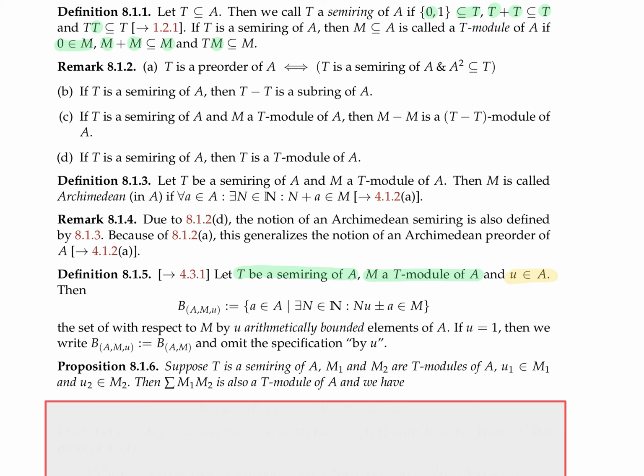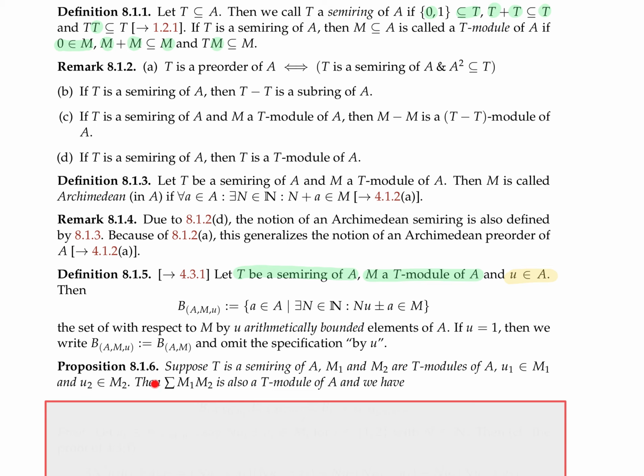It contains 0, well, because you could take here the empty sum. It's closed under addition. Well, that's obvious because here I take finite sums of such things. A finite sum plus a finite sum is again a finite sum, and t times m is contained in M. Well, that's also easy.